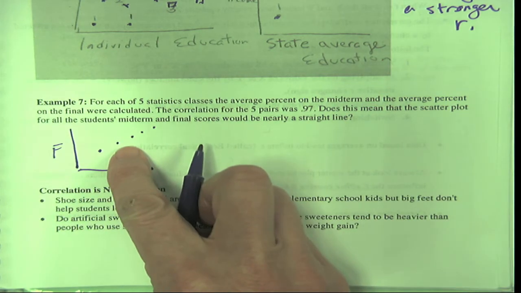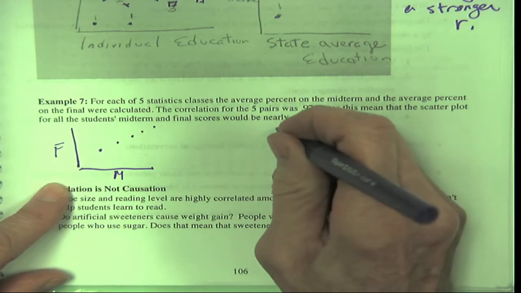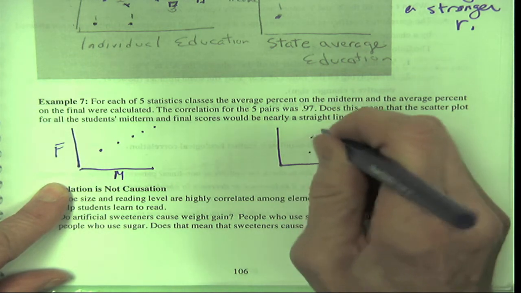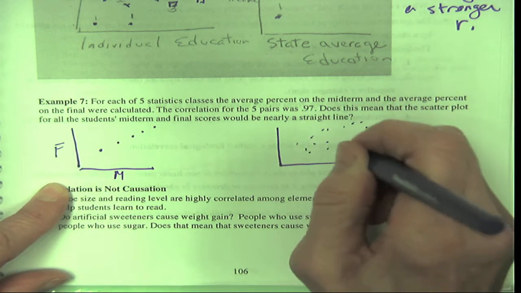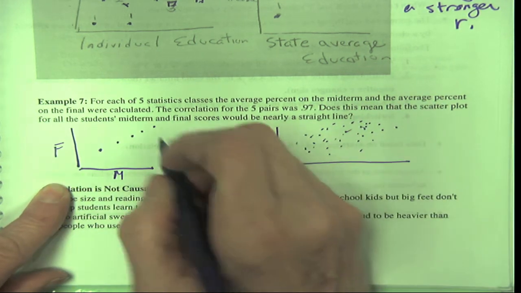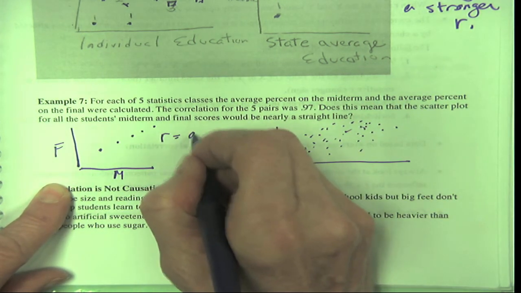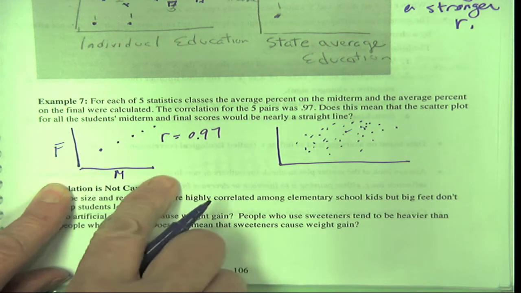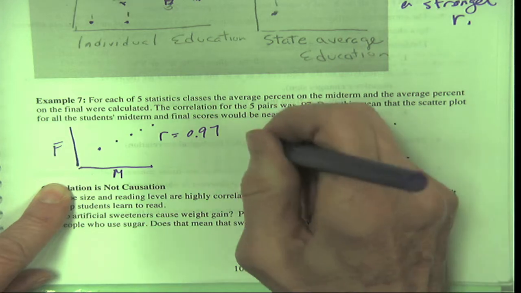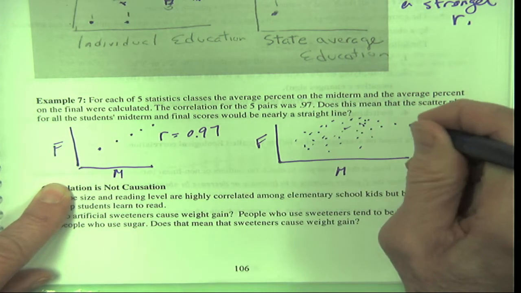People will apply that to individuals, where there's hundreds of people, and there's a lot more scatter, and that does not mean the same. So R here is 0.97. That's in the average one. But here, when you look at the midterm and the final, it's going to be a lot less.